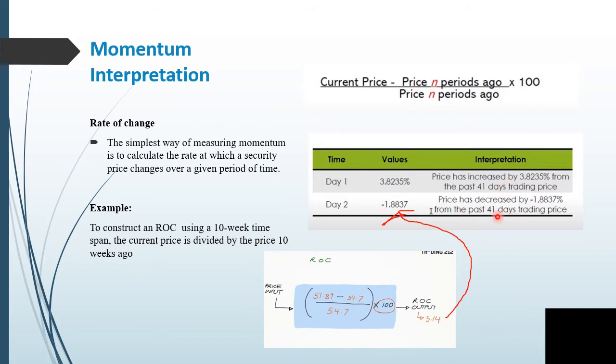Number 2, the price has decreased by negative 1.8837% from the past 41 days trading price. So that is its interpretation.